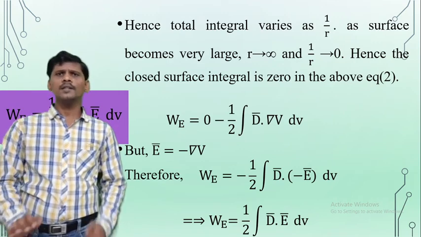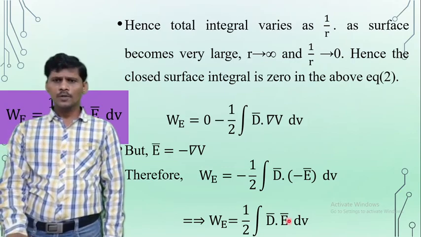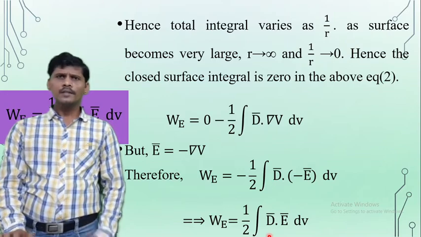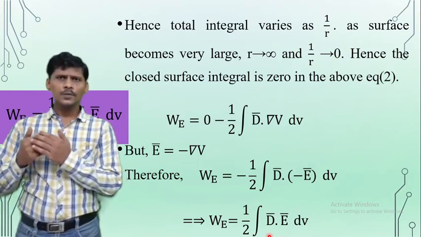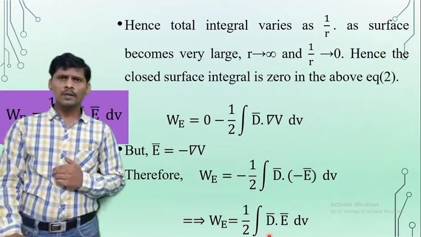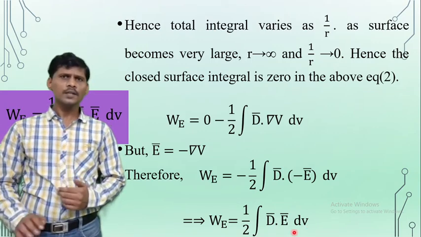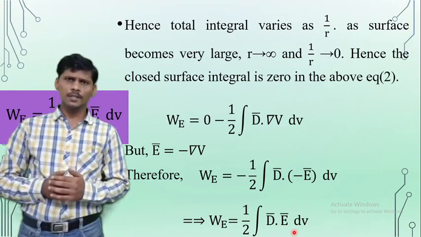Substituting d bar equals epsilon E bar, we get the energy stored in terms of electric field intensity, and substituting E bar equals d bar by epsilon, we get the expression in terms of electric flux density d bar.